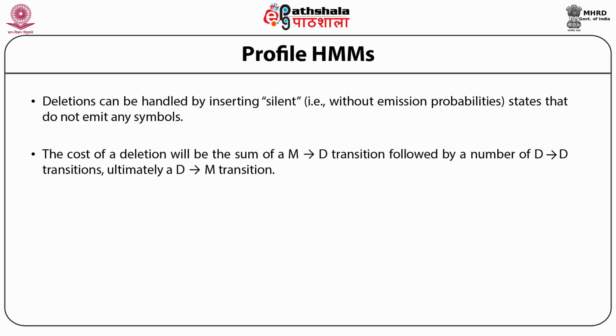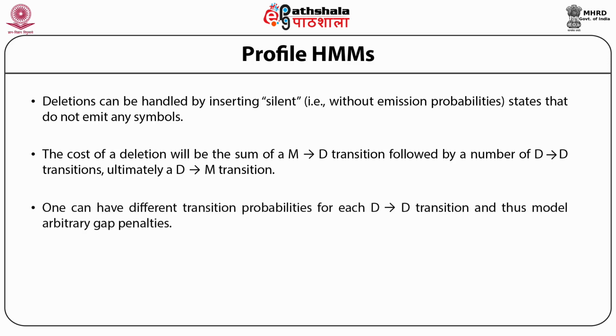So this process can give us all kinds of gap penalties. You can use an affine gap penalty, we'll train it in a certain way. You want to use even a complex function of gap penalty, we can do that. So any arbitrary gap penalty model you have can be trained by adjusting the transition probabilities of the delete states to the delete states within your Markov model.